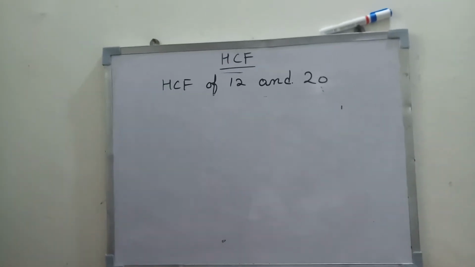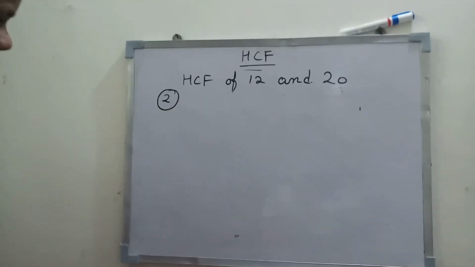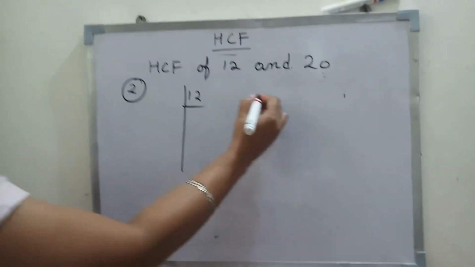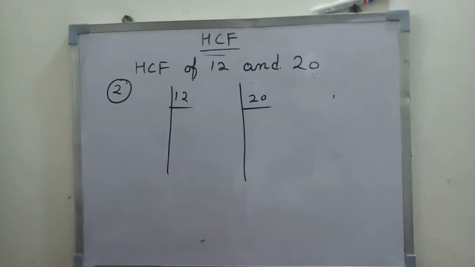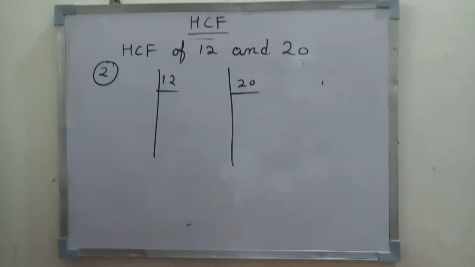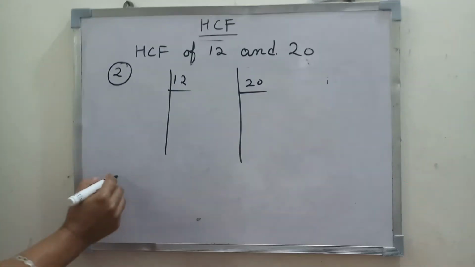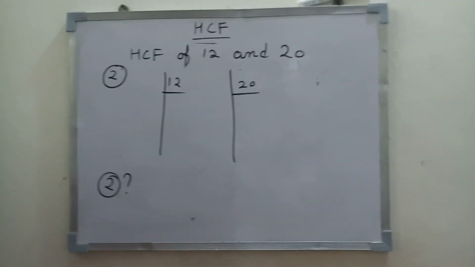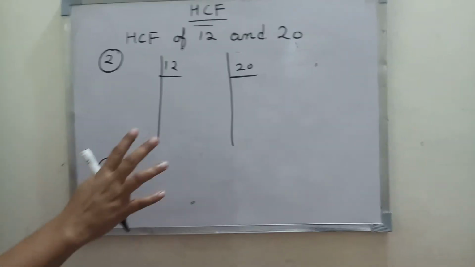Now let us take the other example. We will use the second technique, that is the prime factorization method. So let us find out the prime factors of 12 and 20. Suppose we want to find the prime factorization of 12. We should always start from 2, checking whether the given number is divisible by 2 or not.